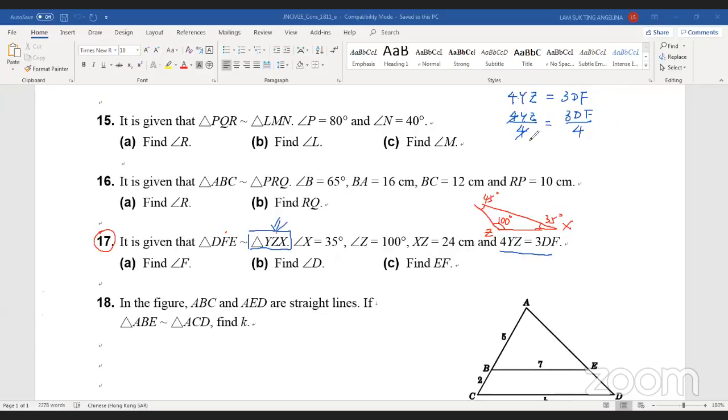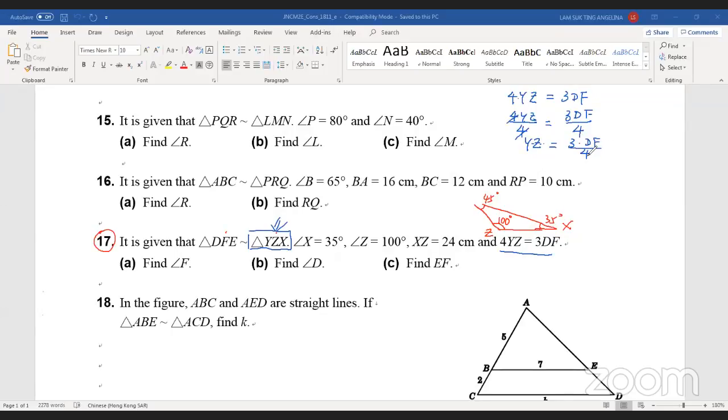Therefore, I have YC. Remember, YC represents one number. It represents the length from point Y to C, a line segment. Don't separate them in this case. YC equals 3 times the length of DF, divided by 4.